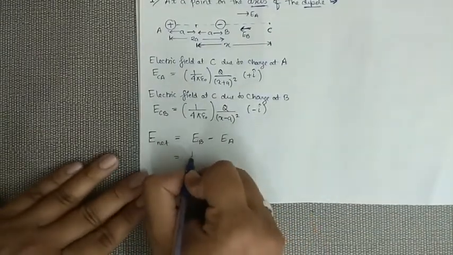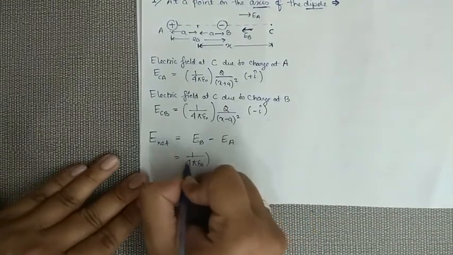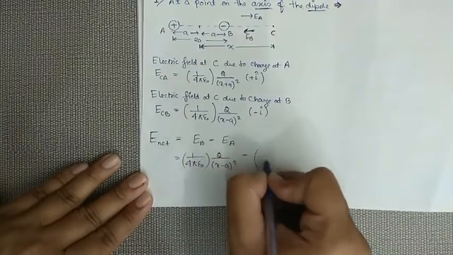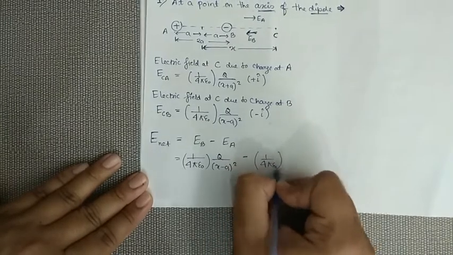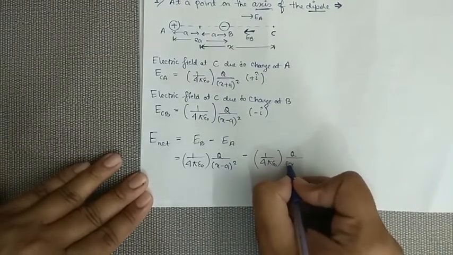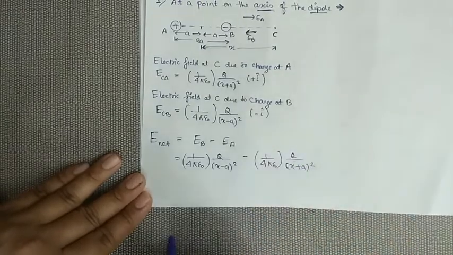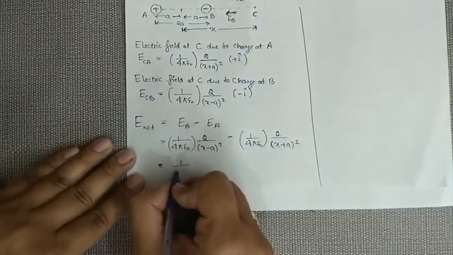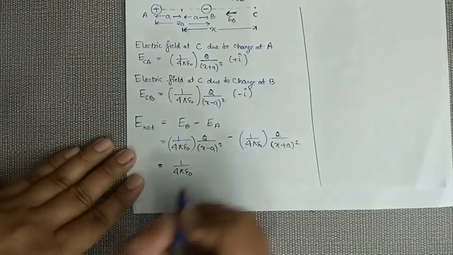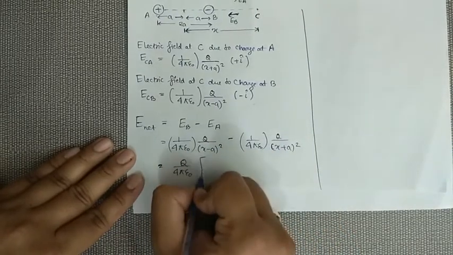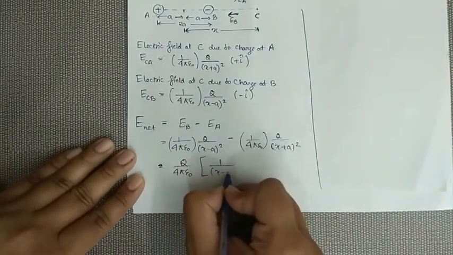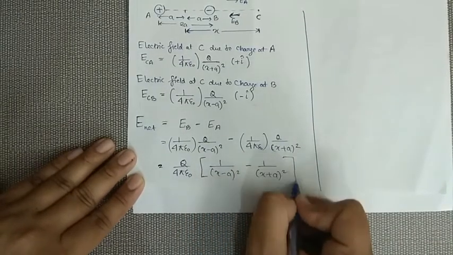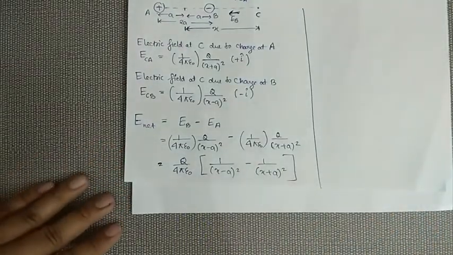So electric field due to B is 1 upon 4 pi epsilon naught Q times of x minus a whole square, minus the term for A. On further taking the common quantity, 1 upon 4 pi epsilon naught is common, and from the numerator we can take the charge common. After taking the common we are going to obtain this.